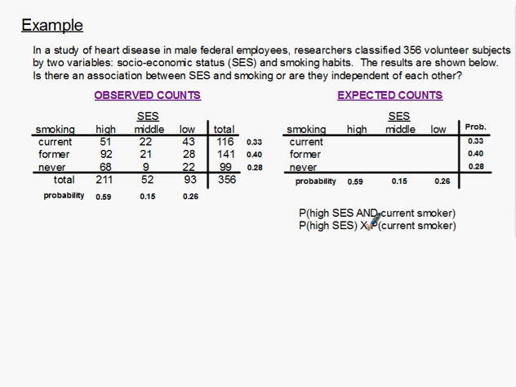If they're not independent, you can't use the multiplication rule. So there's where that assumption comes in. You can get the 59% of high socioeconomic status and the 33% of being a current smoker, and it turns out to be a 19% chance, which is going to go in that position right there.